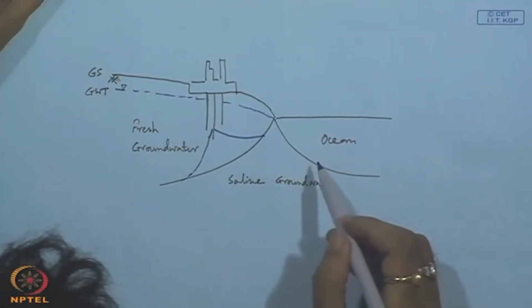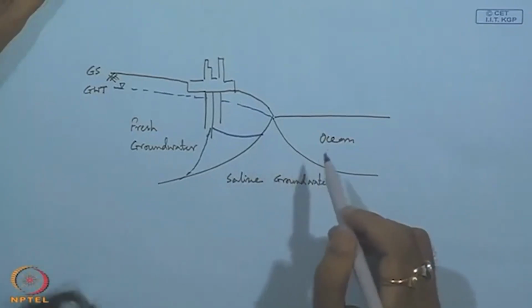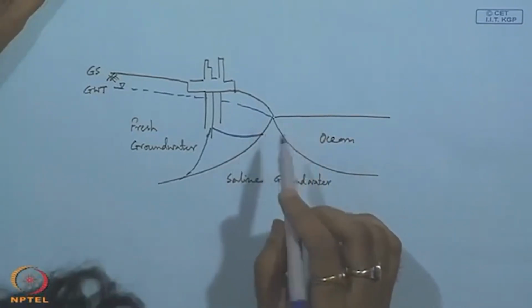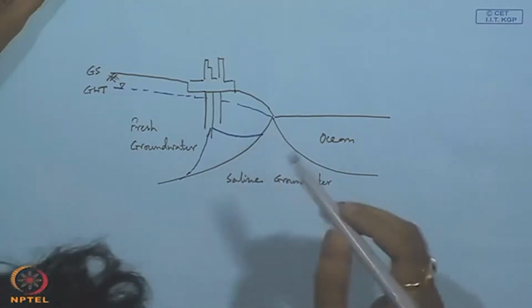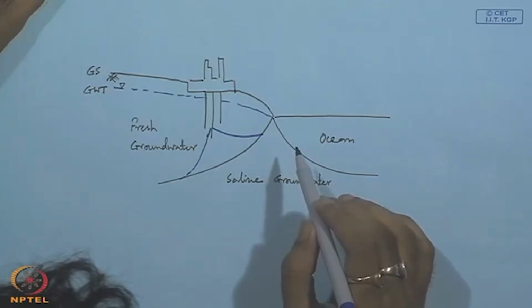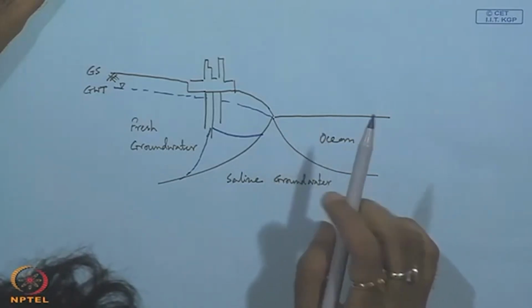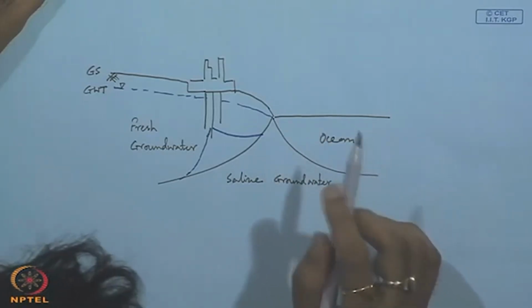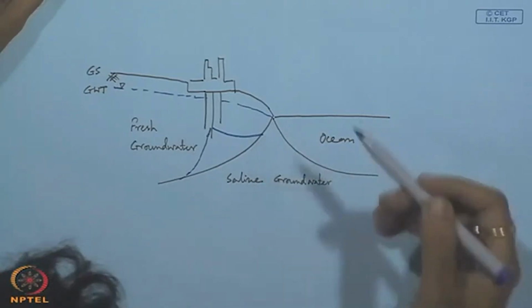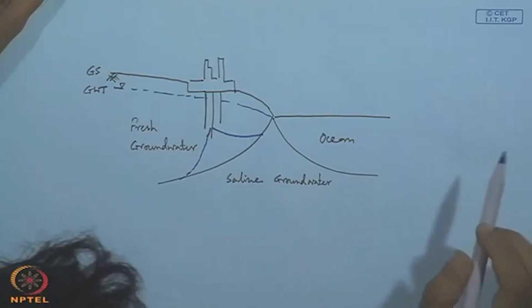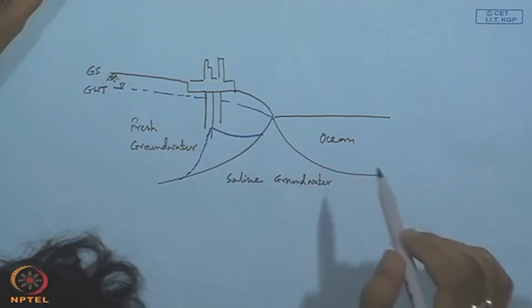So, we can say that pumping is a responsible point for saline water intrusion, or an important feature for this effect in freshwater aquifer for coastal regions.